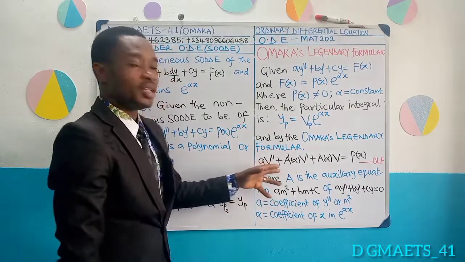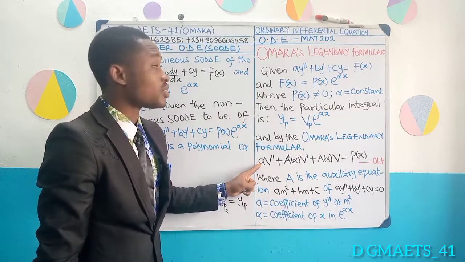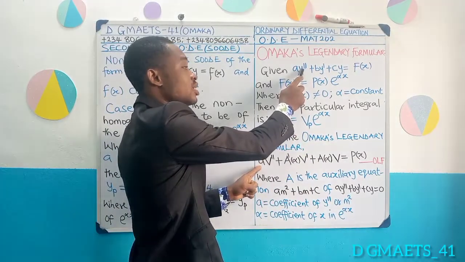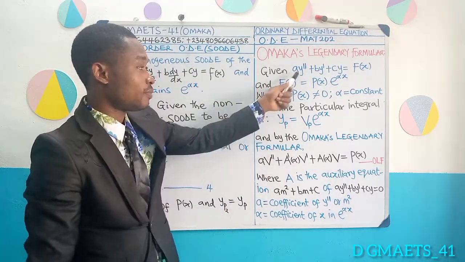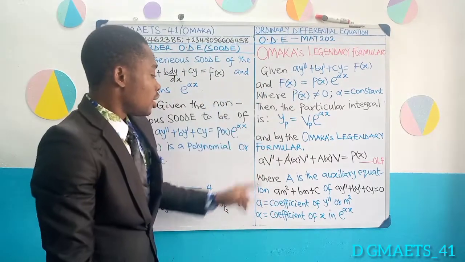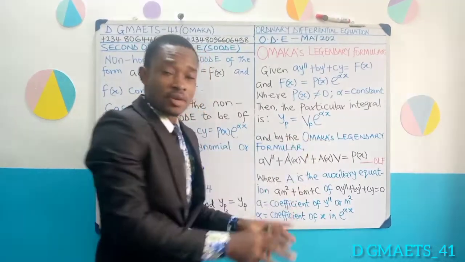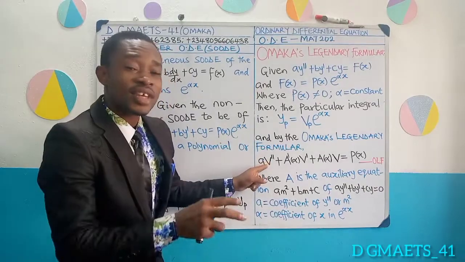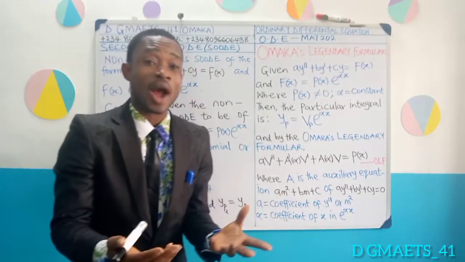What's the meaning of the terms used here? A, small letter a here represents the coefficient of the second order derivative of y in the given non-homogeneous SOODE. V, of course, represents what we're trying to get, the v sub p. Is that okay? Now, you have it as v prime prime, so it means we're going to differentiate twice.